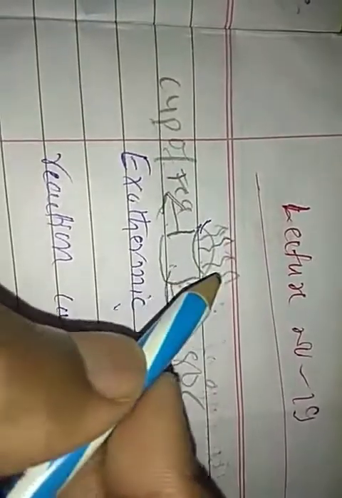When you look at the cup of tea, it is releasing vapors moving in an upward direction. What do these vapors mean, students? It is releasing heat.